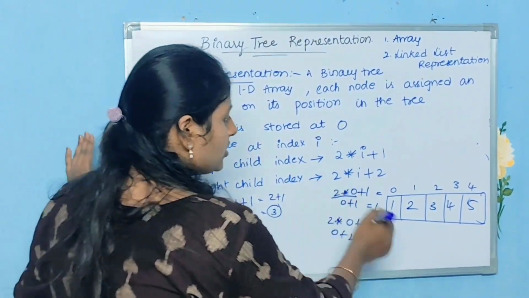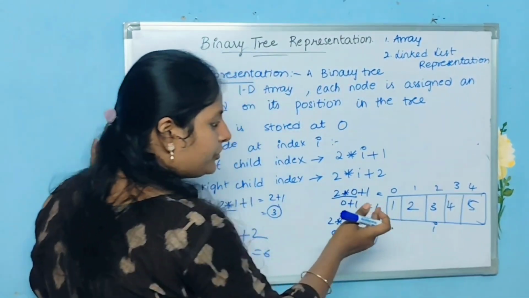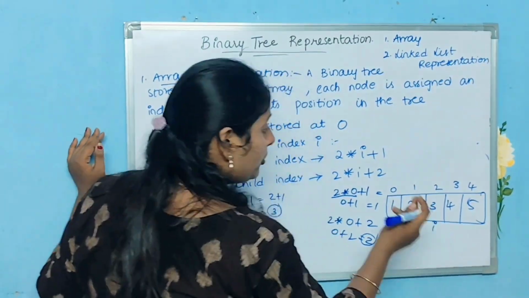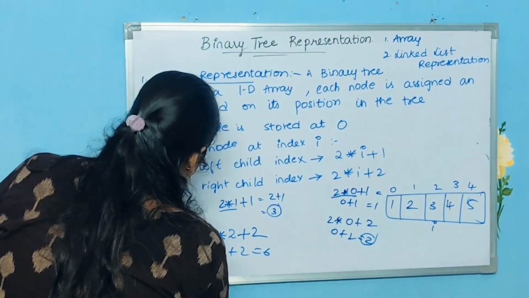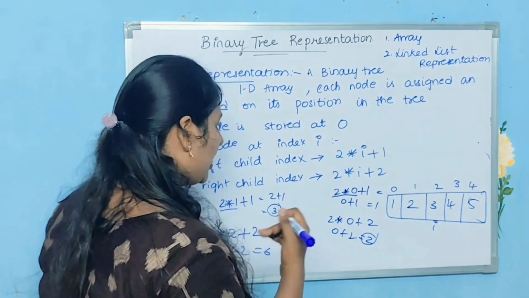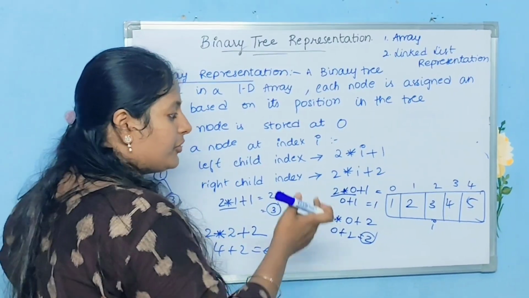This is my I. I want to find the parent of 3. I hope you remember the structure. I've drawn the structure at the side, you can't see that right now. Now, suppose I want to know the parent of 3.